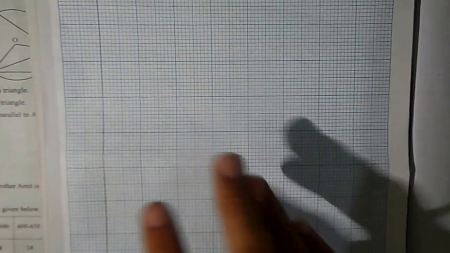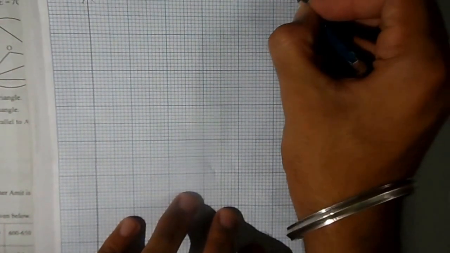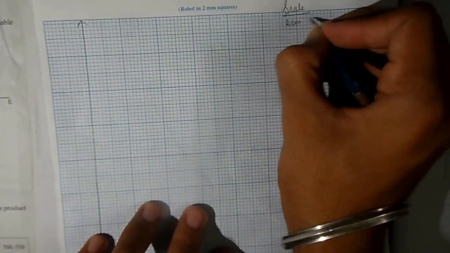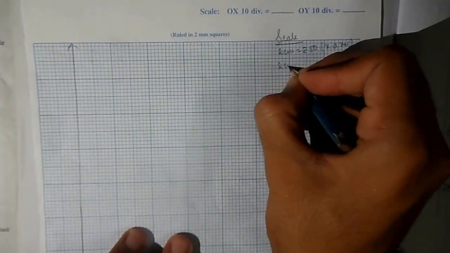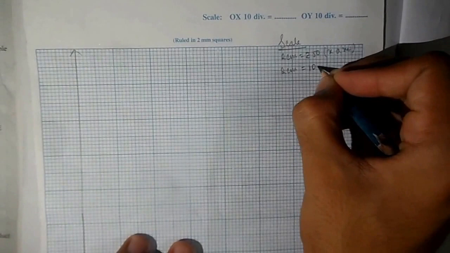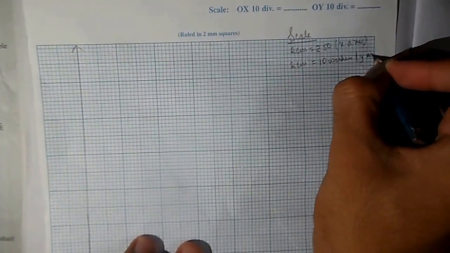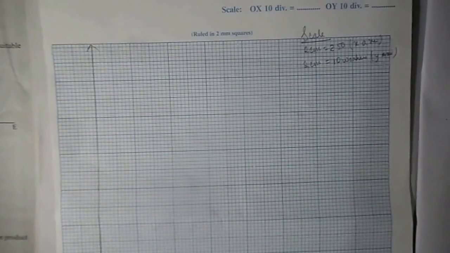So here is the graph. First let's take the scale. The scale is given on the question paper: 2 centimeter equals rupees 50 on the x axis, and on the y axis 2 centimeter equals 10 workers. So we will take this scale to make the graph.